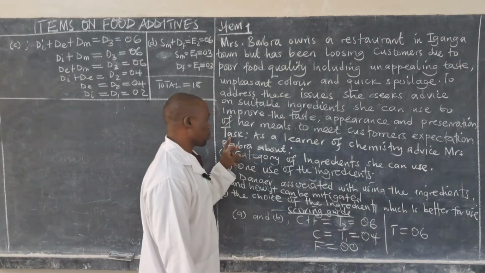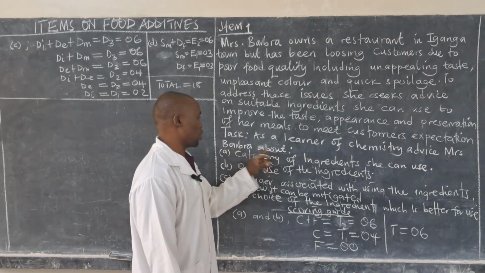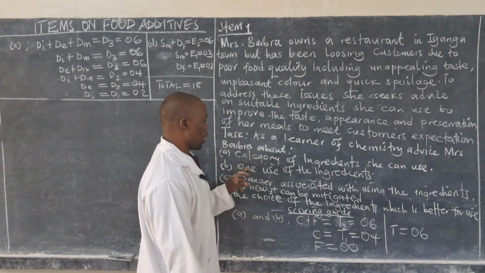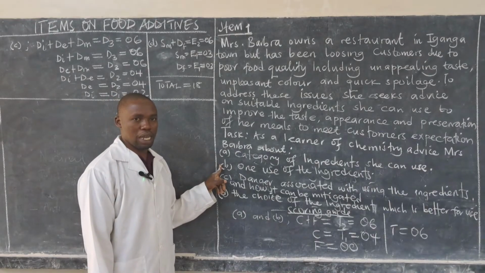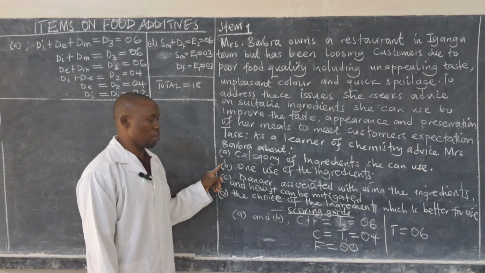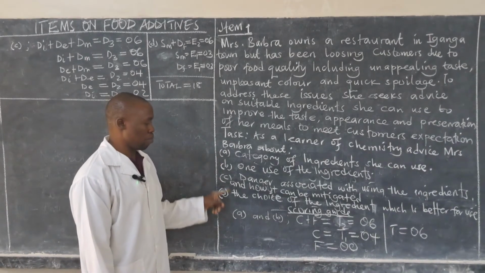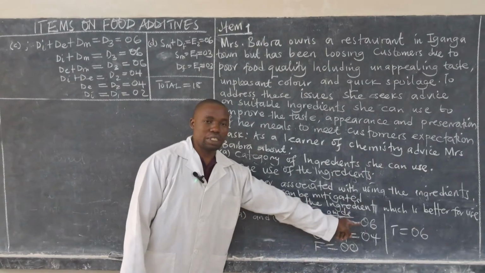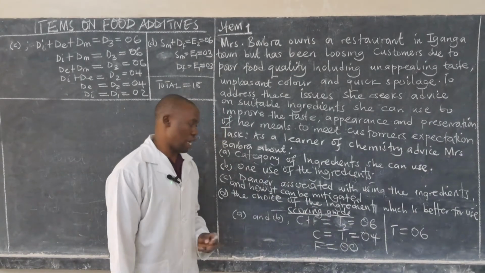Task: As a learner of chemistry, advise Mrs. Barbara about the category of the ingredients she can use, and one use of the ingredients. Now, part A and part B have a block mark, or their marks are tied. So the scoring guide for part A and B is here, the possible scoring guide with the weights. You can adjust weights according to how you want to assess your learners.